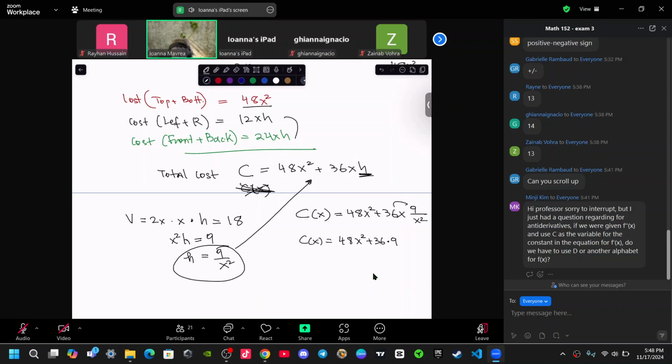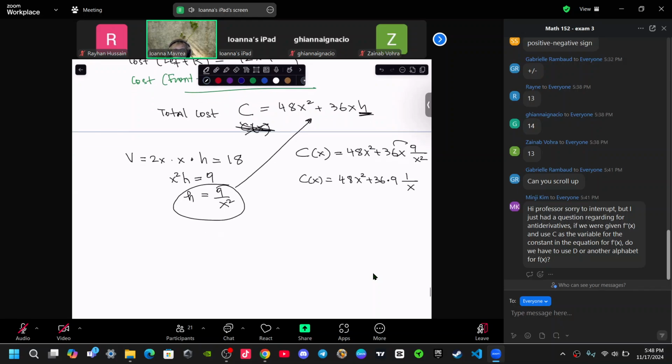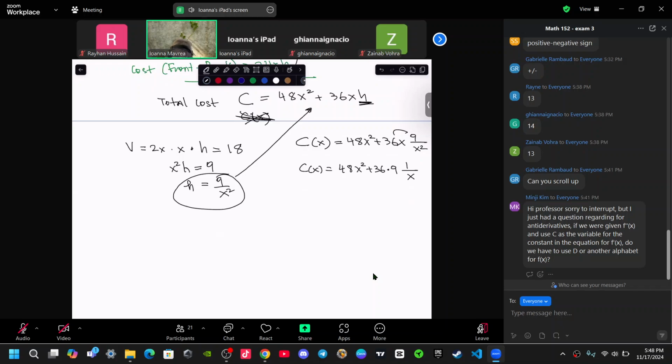Do simplify the x's because you're about to take a derivative. 1 over x. Okay, and they're going to ask you to minimize the cost. Right? Nobody's going to say maximize the cost. So you want to take a derivative. The derivative is going to be 2 times 48. Right? You don't have to write 96 there. Just leave it. X. The derivative of this piece is going to be negative 36 times 9, 1 over x squared. And we want this to be equal to 0.